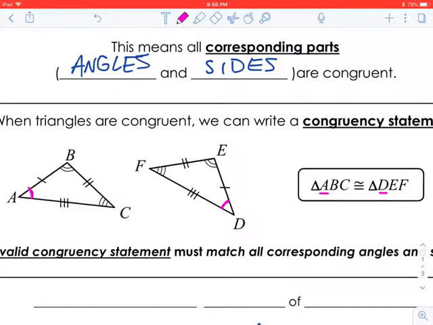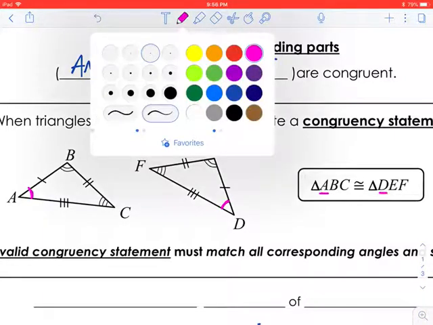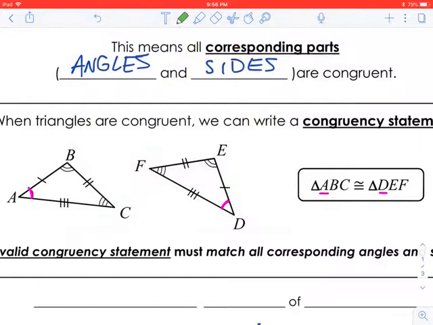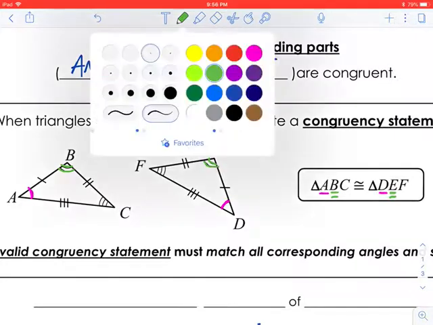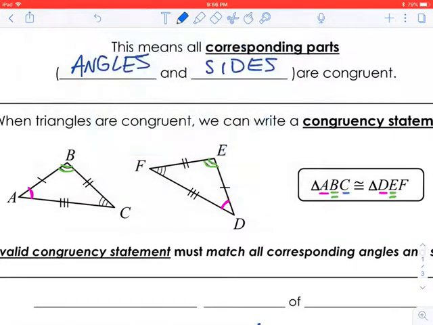They're not looking like they're in the same spot, but they are congruent triangles, so those two correspond. And then we've got B goes with E, since they're both second. And then finally, C and F. C, 1, 2, 3, F, 1, 2, 3.